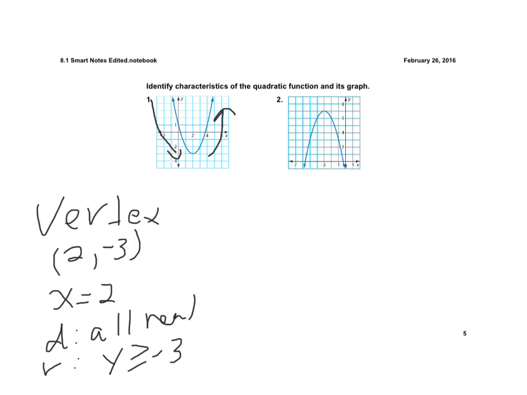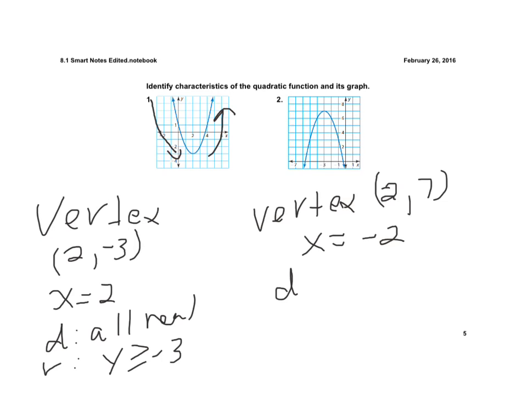Number 2, my vertex, it appears, is at -2, 7. So that means my line of symmetry would be at x equals -2. And here my domain, again, is all reals.